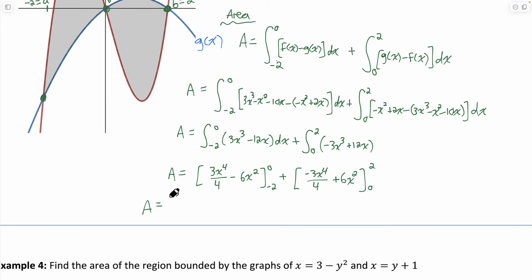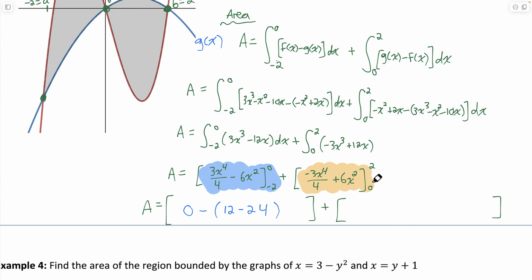And now I'll do this in two parts. The first part I'll do in blue. I need to find the value of that antiderivative at 0, which is just 0, and then subtract the value of that antiderivative at an x value of negative 2, which would be 12 minus 24.